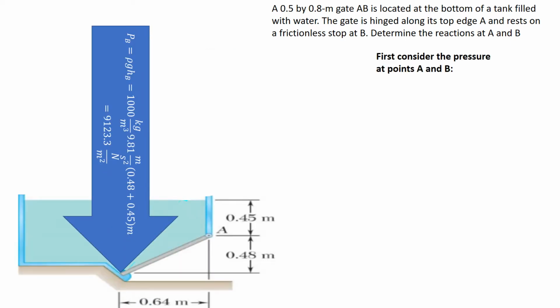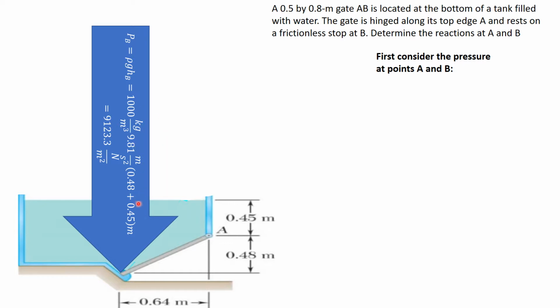So here we go. We've got pressure. What's the pressure at the bottom? Well, the height at the bottom, that's 0.45 plus 0.48. Down here, we have a larger pressure, and you can plug in density of water is 1,000 kilograms per meter cubed, gravity 9.81, and then here's our height.